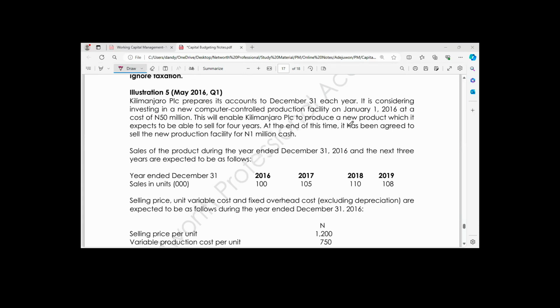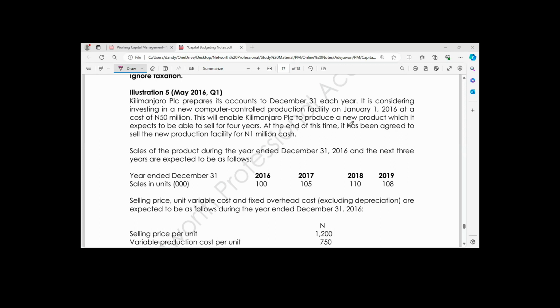Kilimanjaro PLC, which pays tax to December 31st each year, acquired a production facility on January 1, 2016 at a cost of 50 million naira. This will enable Kilimanjaro PLC to produce a new product, which it expects to be able to sell for 4 years. At the end of this time, it has been agreed to sell the production facility for 1 million naira cash.